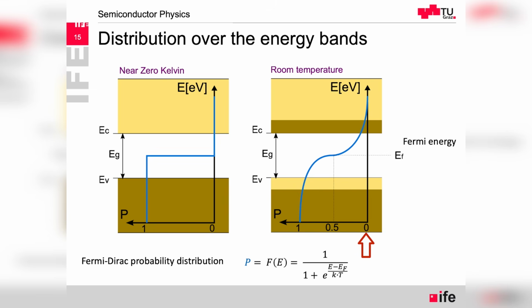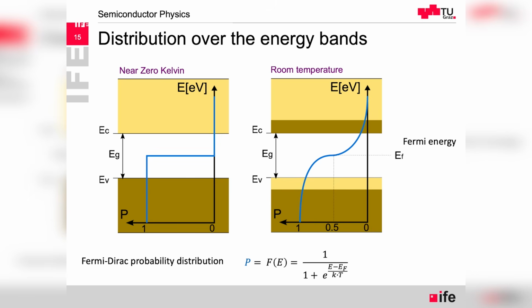Whereas, as we increase the temperature, some electrons will be moving to the conduction band, and then this distribution, called Fermi-Dirac probability, will get smoothed out. So that's how we can symbolically show the probability of occupation of electrons in the valence band or in the conduction band.